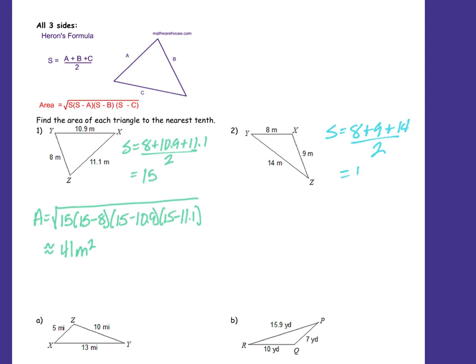So S is going to equal 15.5 this time. And then I'm going to put it inside the square root and do exactly the same thing. Area is going to equal the square root of 15.5 times 15.5 minus 14 times 15.5 minus 8 times 15.5 minus 9.